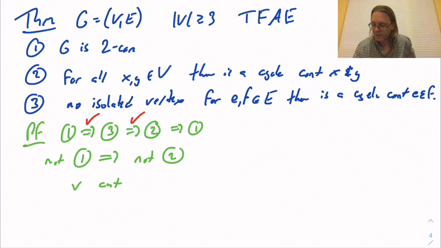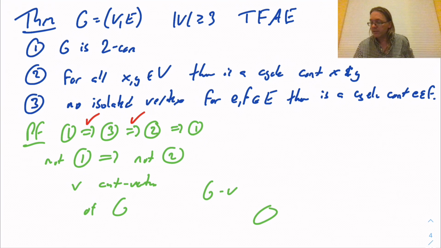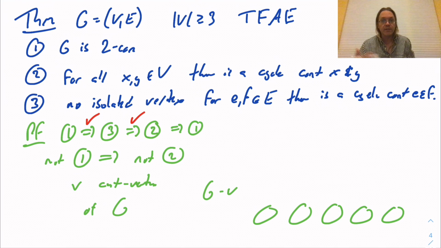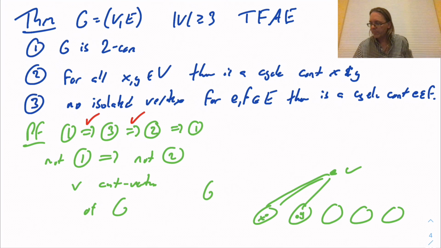If V is a cut vertex of G, then you can consider the graph G delete V. My graph is connected, so assuming V is a cut vertex and G is connected, then G delete V will be disconnected, and you can choose a vertex X in one component of G delete V and Y in another component of G delete V. Now, as we have done so many times in this lesson, you can put the vertex V right back. Here's what your picture looks like.